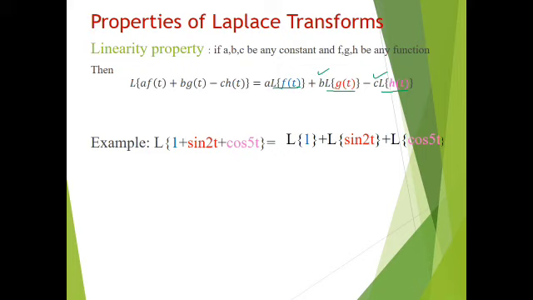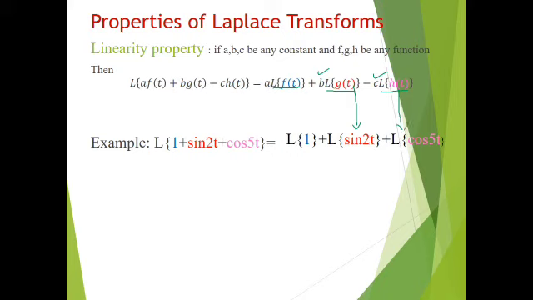Because in linearity property, we separate the constant term and find the value of function. Here f of t is 1, g of t is sin 2t and h of t is cos 5t.